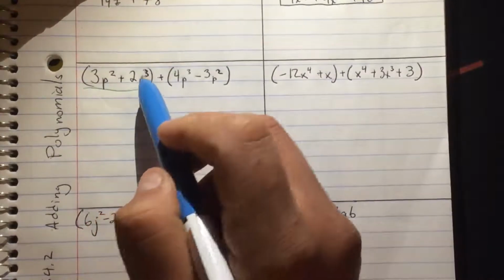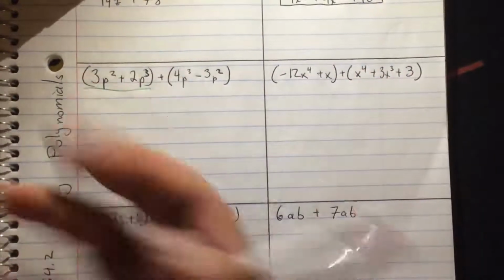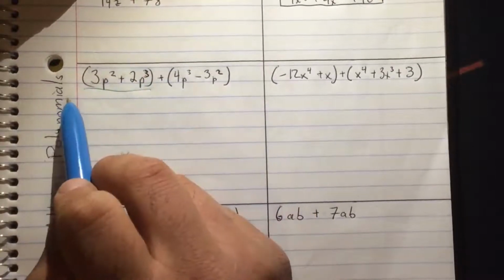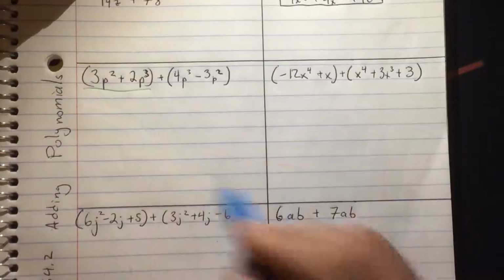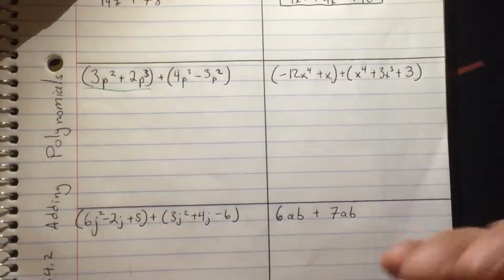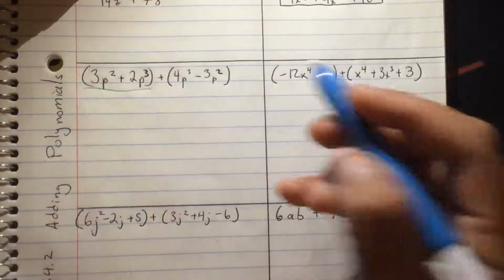So you can do two things. You can either rewrite it so that the highest term is on the front, or you can just leave it like this and write it as you go. For video purposes, I'm going to do it how I would properly do it.